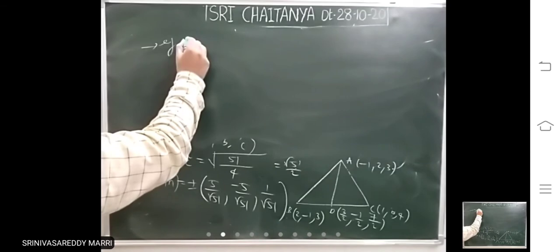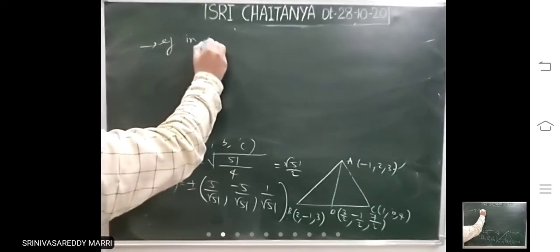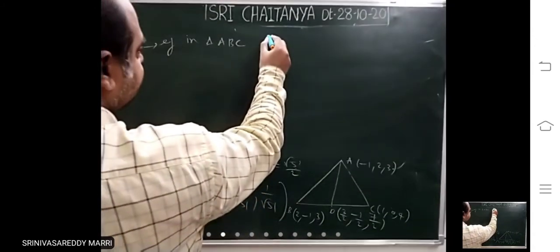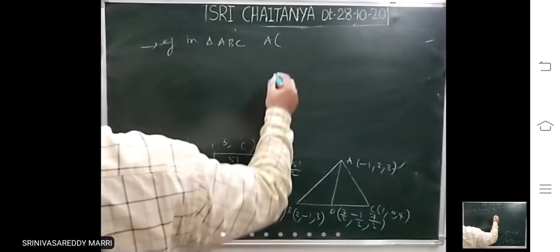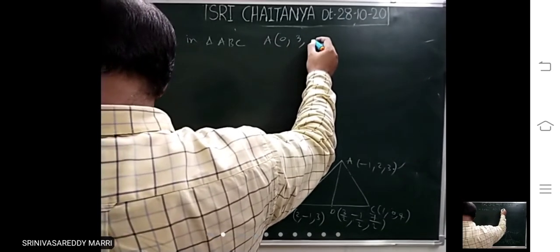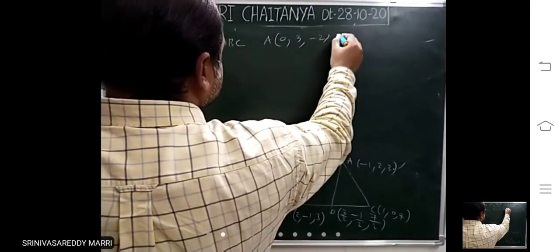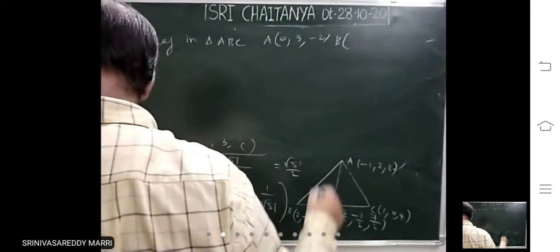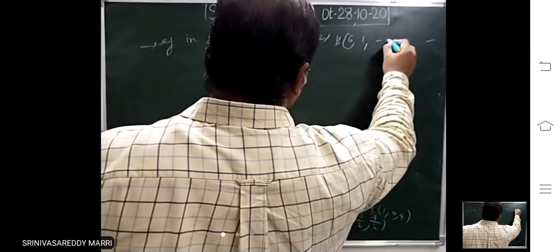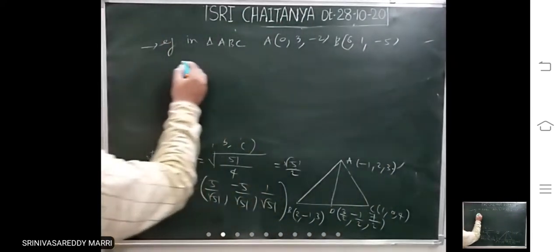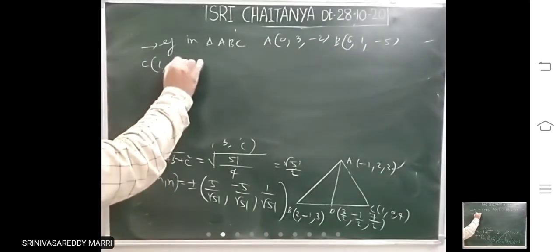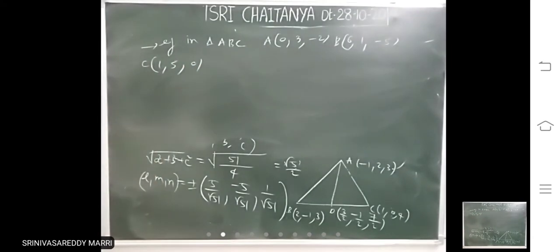If in triangle ABC, A is (0, 3, minus 2), B is (.., .., minus 5), C is (.., .., 0). Like this it is given.